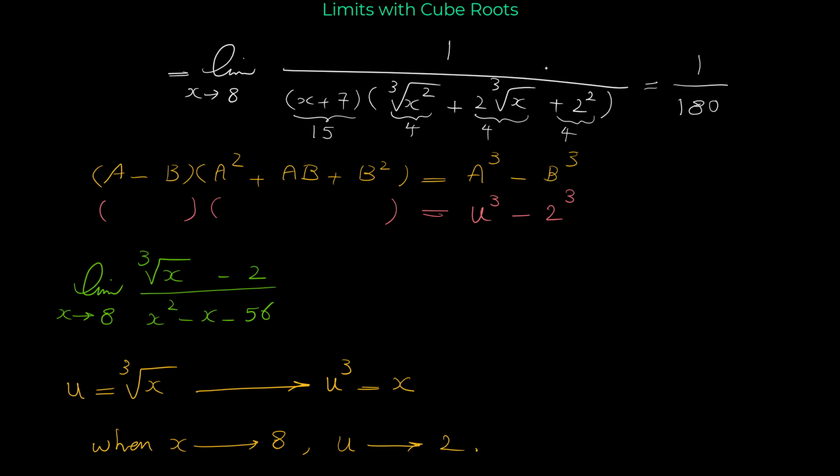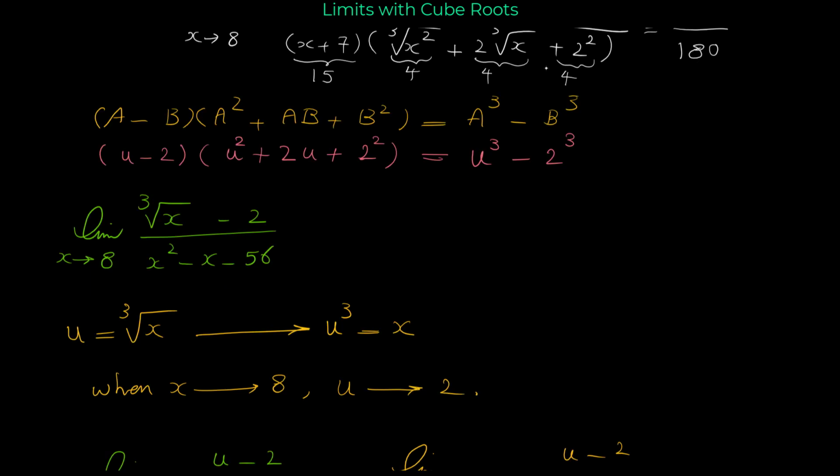So for this example, what do we have to put in the first bracket? u minus 2. Then we have a to the 2. a in this case is u, so we have to put u to the 2. a times b is 2 times u, or u times 2. And finally b to the 2 is 2 to the 2.